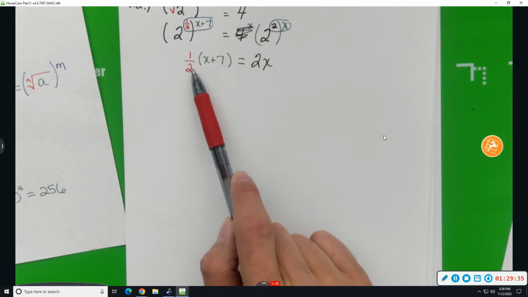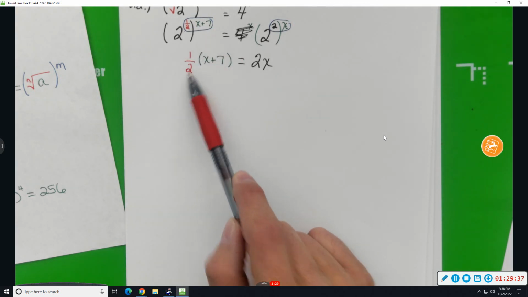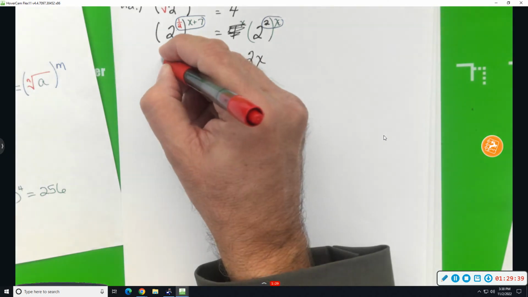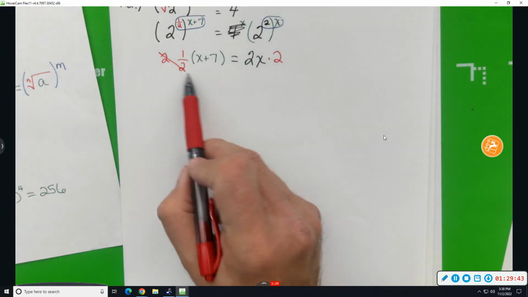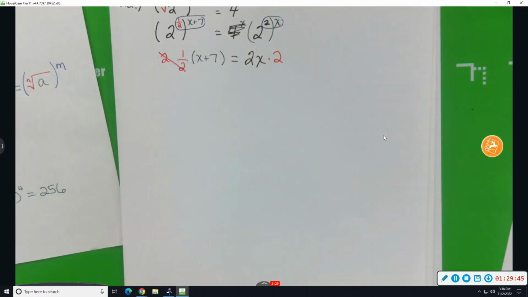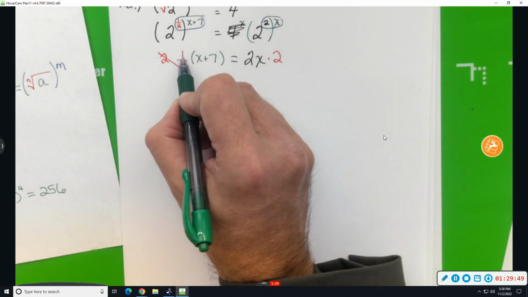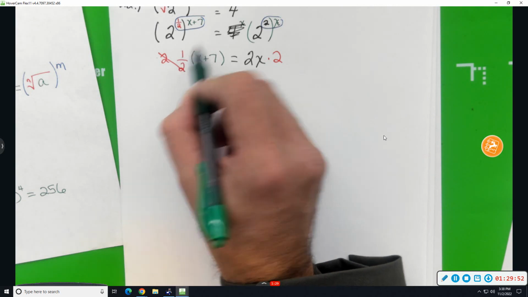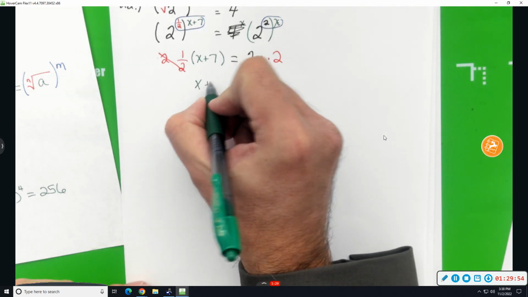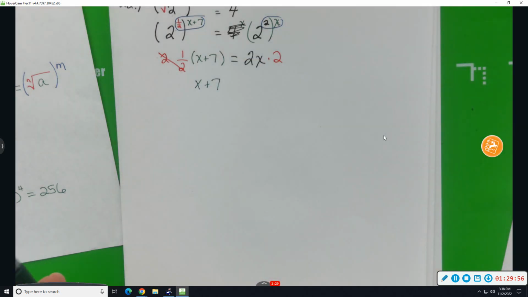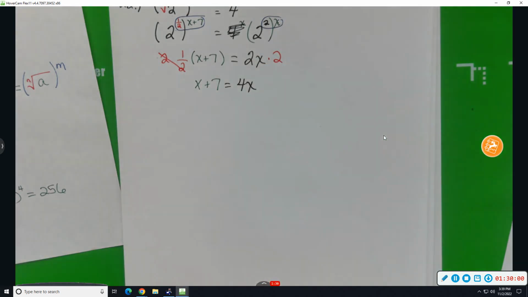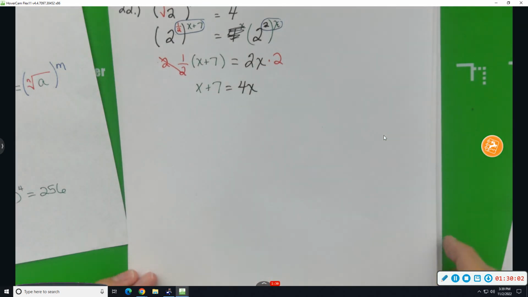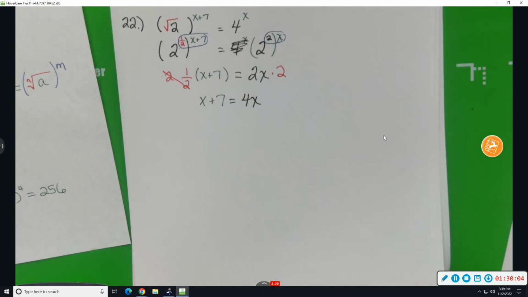Because I can get rid of this red 1/2 by multiplying both sides by a red 2, just to cancel that out. And then on the left side, what have you got sitting in front of that x plus 7? Just a 1. So just x plus 7 equals 4x. Let me bring this down.